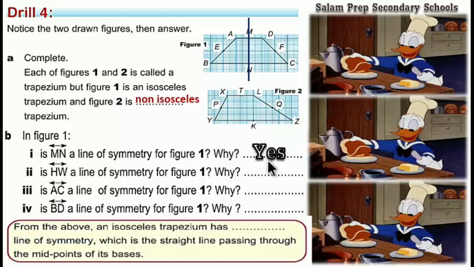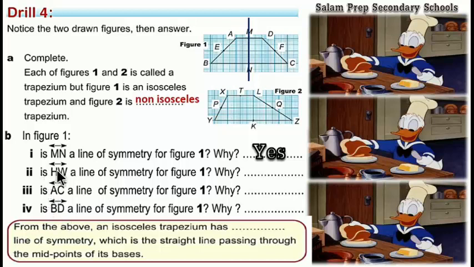Yes, because the figure AMNB is congruent to DMNC.